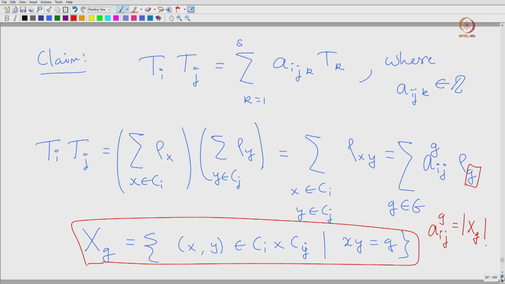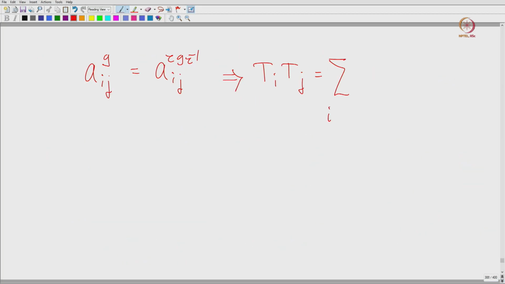Now, instead of running over g in G, we can run over all conjugacy classes C_i, i ranging from 1 to s, summation x in C_i. So, maybe let me write a_{ijg}, and then we will have this rho of x.